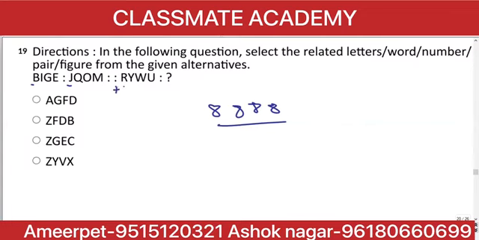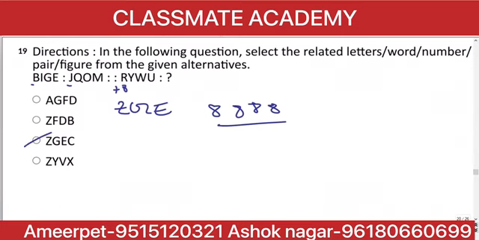R plus 8, how much? 26, Z. Y plus 8: 33. 33 minus 26 means what? G. Then W plus 8: 23 plus 8 is 31. 31 minus 26 is 5. So E. The moment I see it, I know the answer.